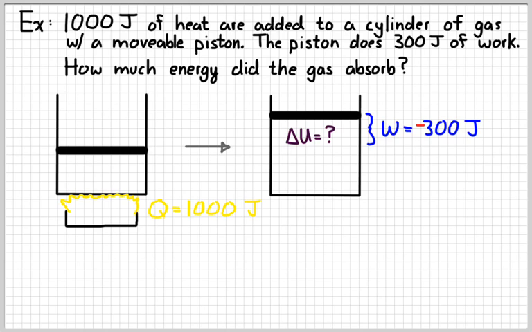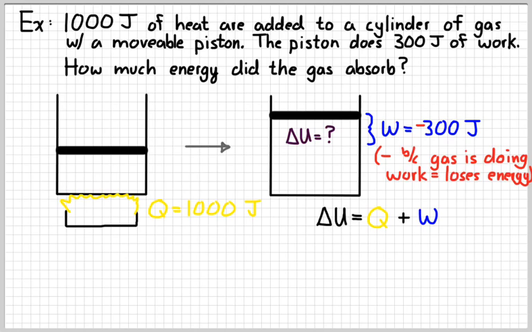The first thing we have to remember is that because the gas expanded, the work done is negative. It's losing energy as it pushes that piston up, just like you lose energy when you lift something up on top of a shelf. Same idea. So the work done is negative because the gas is doing work, therefore losing energy.